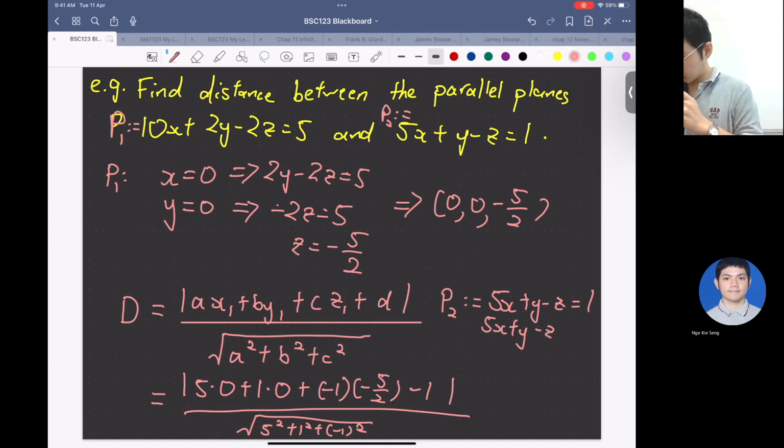We have to move it into this form: ax plus by plus cz plus d equals 0. That's why we got d equals minus 1.